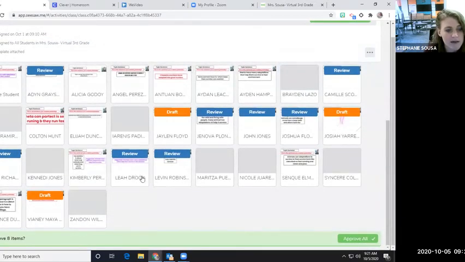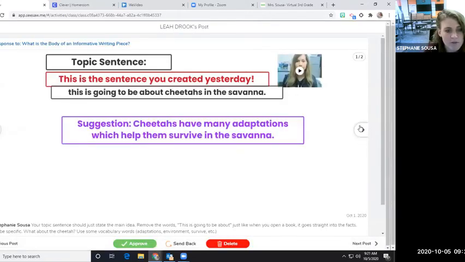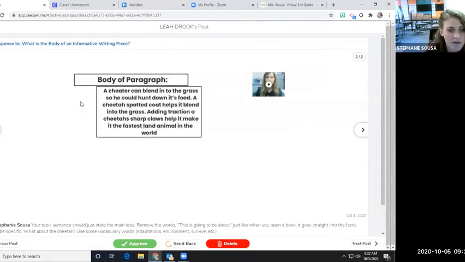My name is Leah, and I forgot what I was doing last week because I've had a great weekend and I've slept since then. Oh yeah, if I'm Leah, I'm writing about how cheetahs have many adaptations which help them survive in the savannah. And my details are that it can blend into the grass, so it can hunt its food. It has a spotted coat that helps it blend into grass, and it adds traction by using their sharp claws to help them be the fastest land animal in the world.